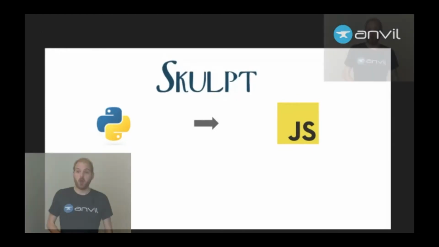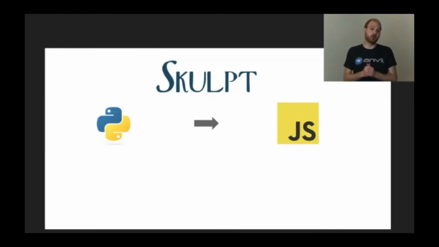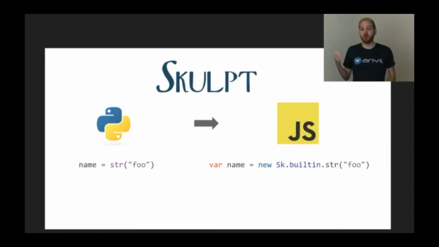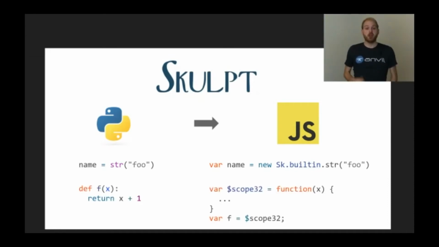Specifically, Skulpt, which is an open source Python to JavaScript compiler. You feed it a string of Python source code, and it will produce a string of JavaScript source code that does the same thing. You feed it a Python function, it will produce, honestly, the ugliest JavaScript function you have ever seen, but it will have the same semantic effect as that Python function.